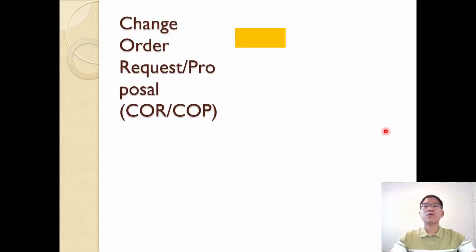And for something involving cost, we have a change order request. When you see something different from the scope of work, you can make a change order request or proposal of the change. And if the client approves, then it becomes a change order.